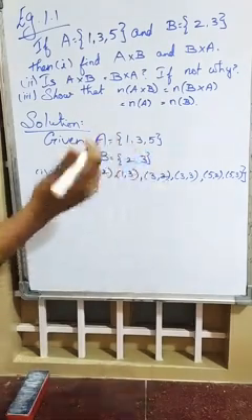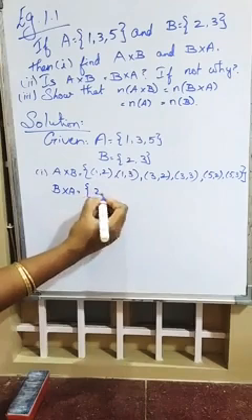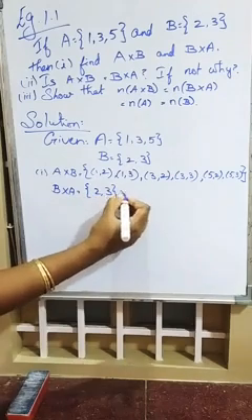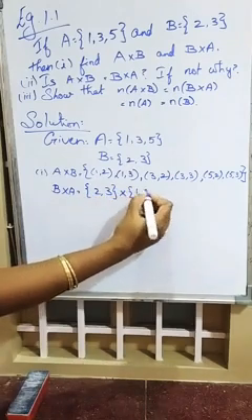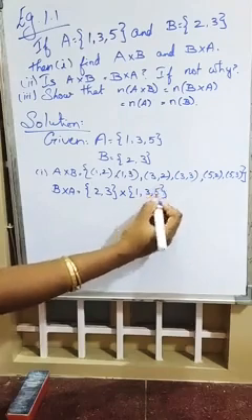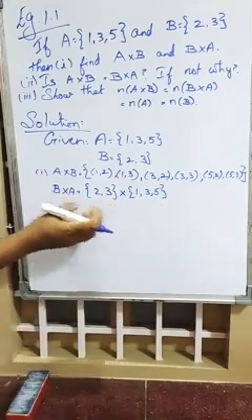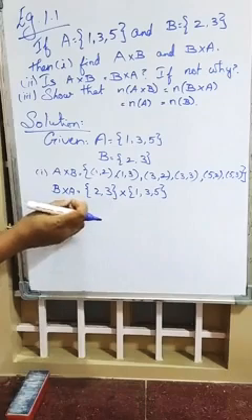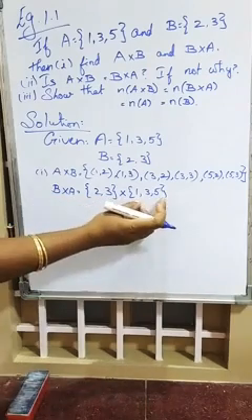Then one more thing, that is B cross A. First you have to take the set capital B, and next write A. B is {2, 3}. A is {1, 3, 5}.